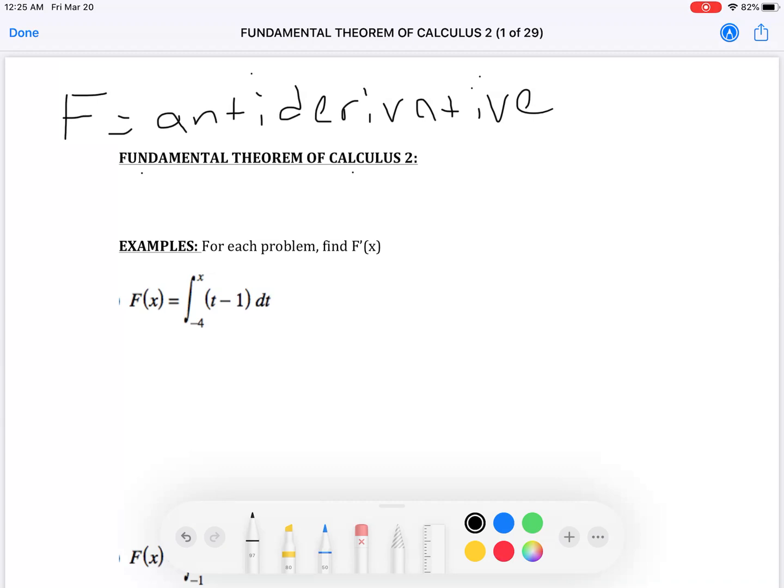What they say is, if capital F of x equals the integral from, usually some type of constant as a lower limit, to some function that we'll call g of x, where g of x could be as simple as x, or something a little more complicated, like x squared or square root of x, as the upper limit of integration, of something in terms of t.